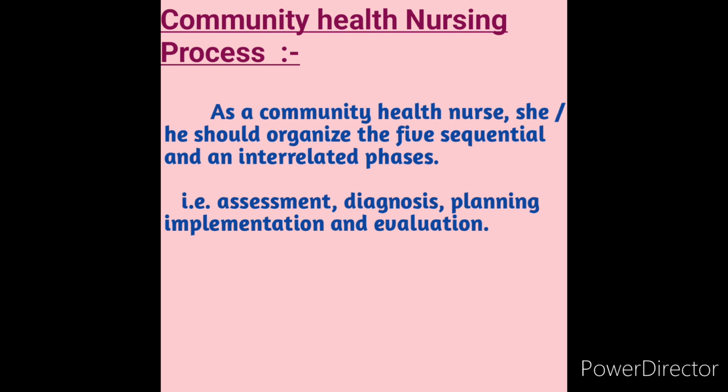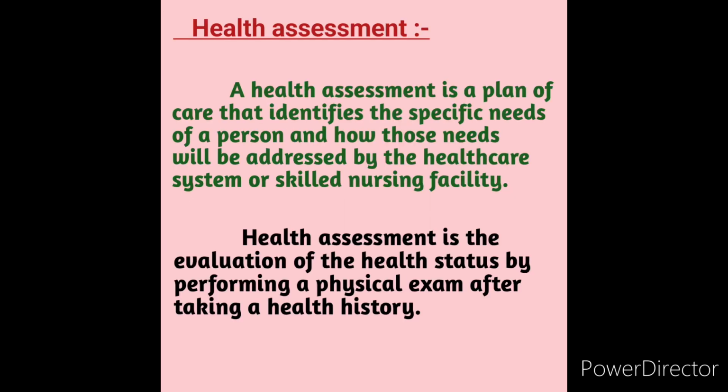Like a care plan, we have to provide quality care to the population or in the communities. Here there is no need of explanation for assessment, diagnosis, planning, implementation, evaluation; we all know about these things.